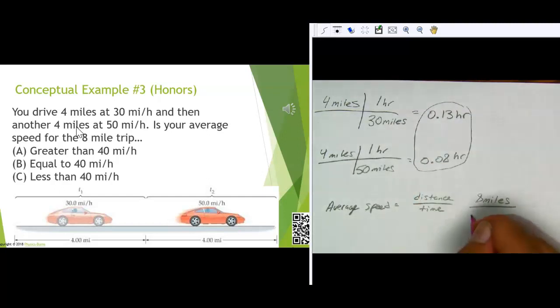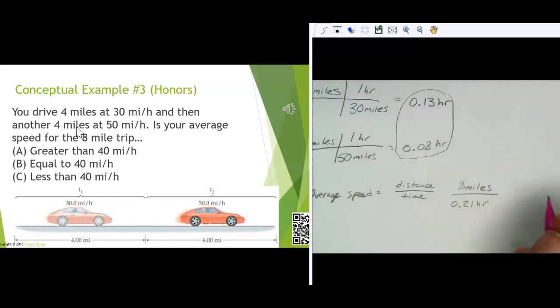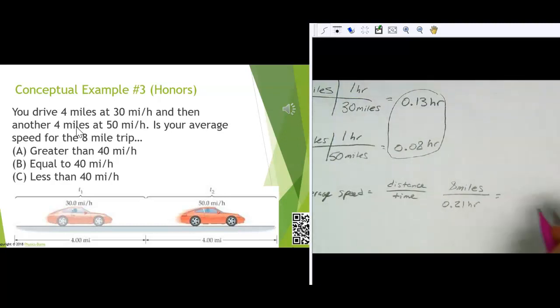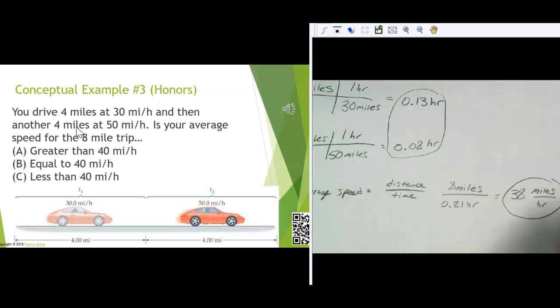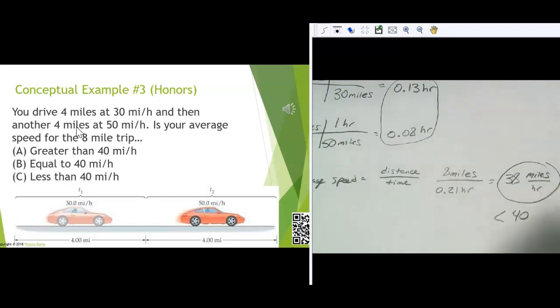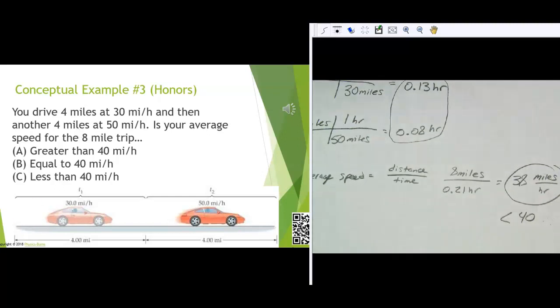If I add up both of those, I'm left with 0.21 hours. If I calculate this, I end up getting my average speed to be about 38 miles per hour, which is in fact less than 40. And that's why the answer is C. Hopefully that helped out a little bit.